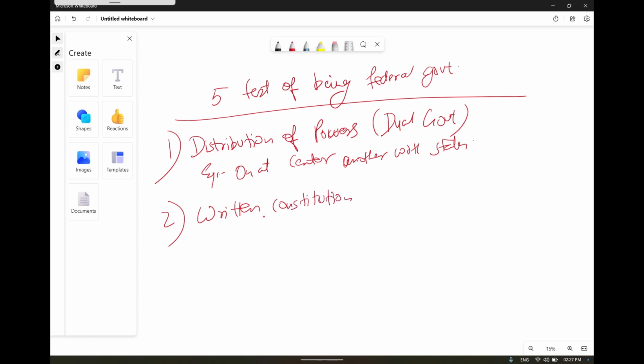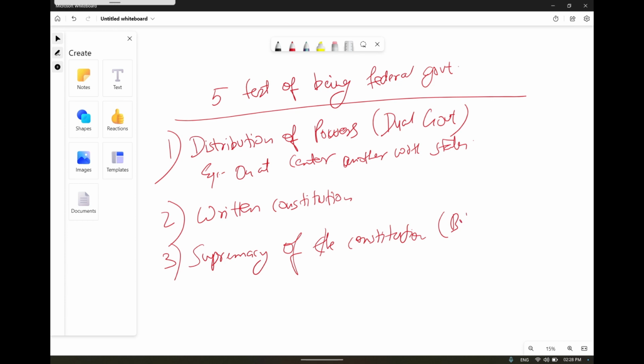constitution. Okay, we have already seen that. Now the third, supremacy of the constitution. Constitution should be the law of the land. We have already discussed this in defining the constitution. So the constitution should be supreme. It should be called the law of the land for both. It is not supreme only for the center.